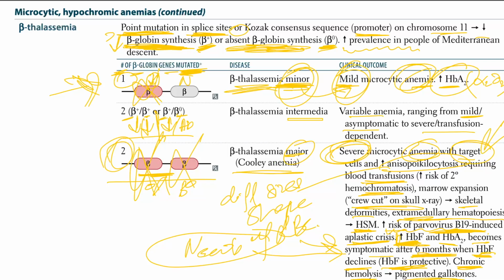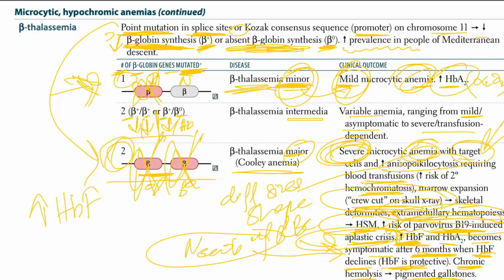Second one, you are knocking out both of them with a point mutation, and that's going to give you severe anemia and extramedullary hematopoiesis, which is going to give you a crew cut appearance on the skull X-ray, hepatosplenomegaly, and an increased risk of B19 virus infection, which will give you aplastic crisis. There's an increase in HbF.